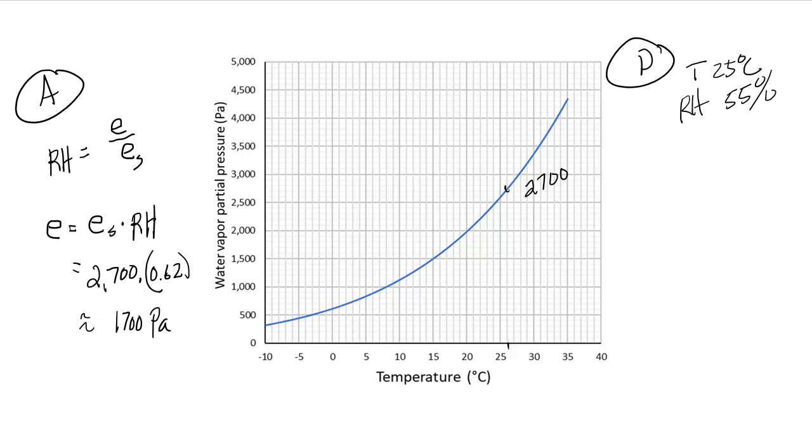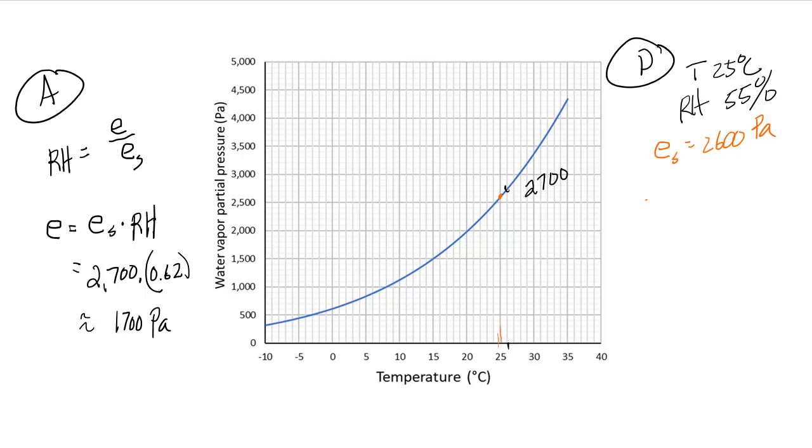We're going to use the same idea, so we'll give that a different color here. So at the end, at D, our temperature is at 25, and our saturation level now looks like it's 2,600. So E saturation is equal to 2,600 pascals.